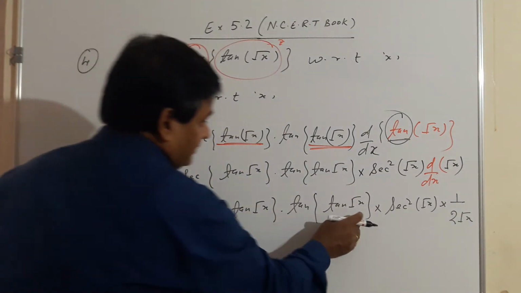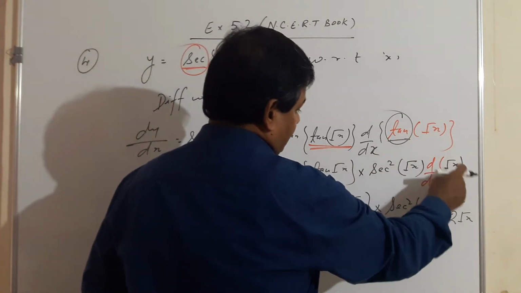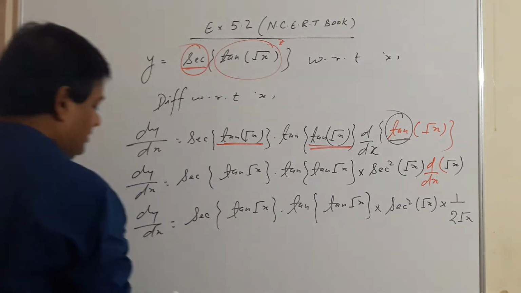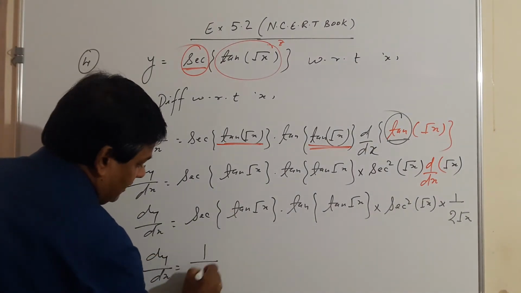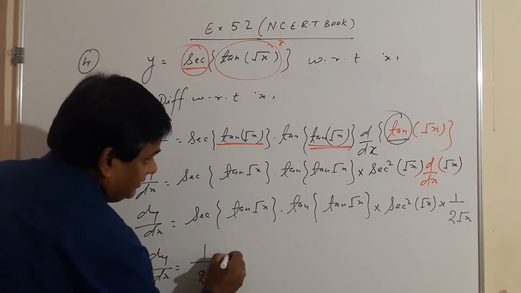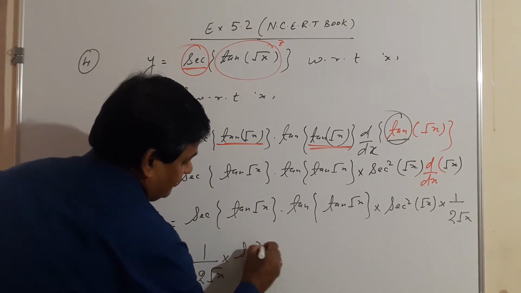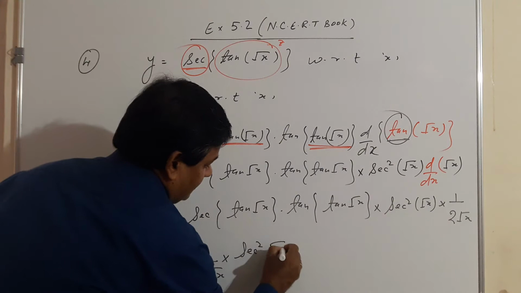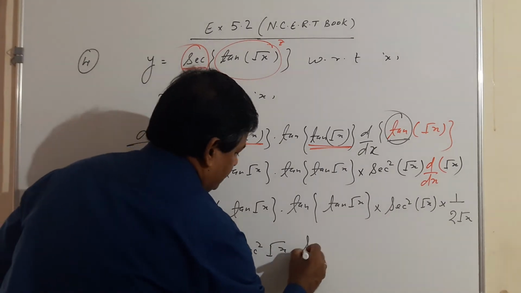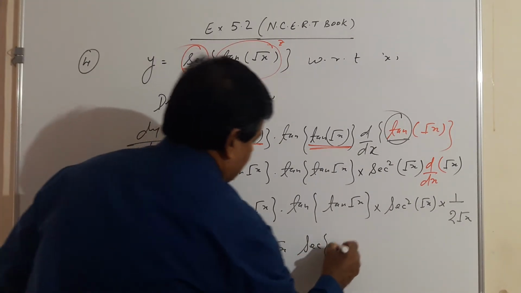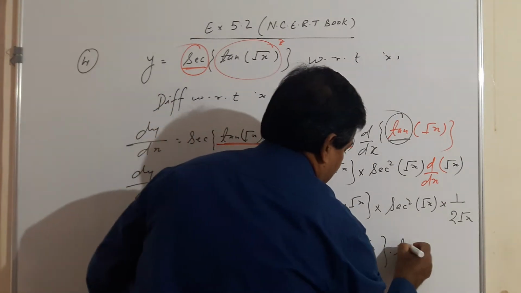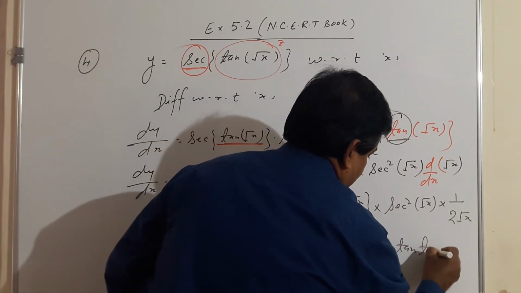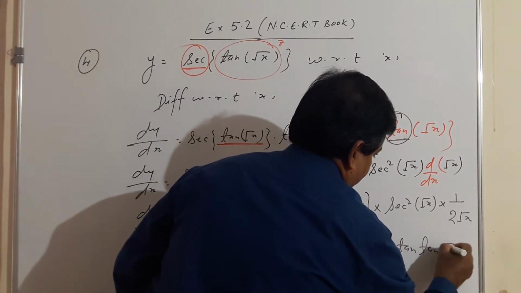So this one is as it is here. Differentiation of t is 1 by 2 root x. So the answer is dy by dx equals 1 by 2 root x into sec square root x into sec tan root x into tan root x.